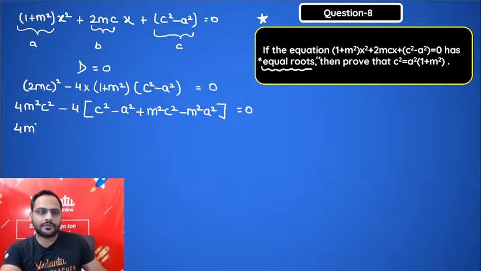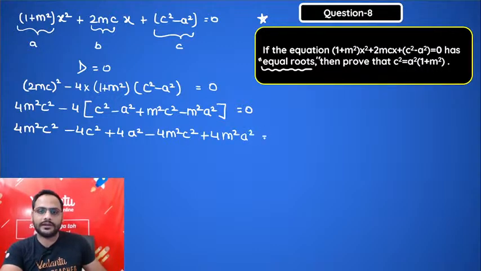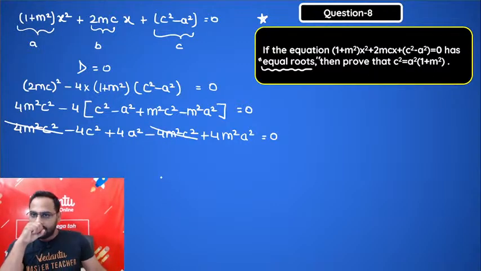So 4m square c square minus 4c square, minus into minus is plus 4a square, then minus 4m square c square, negative positive, plus 4m square a square equal to 0. This and this got cancelled.